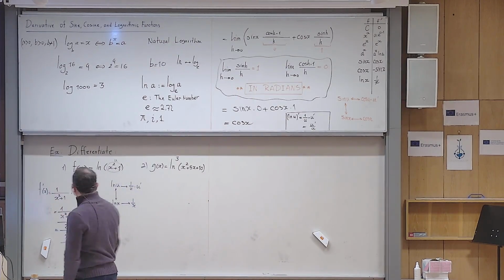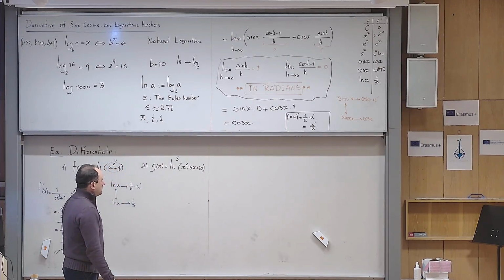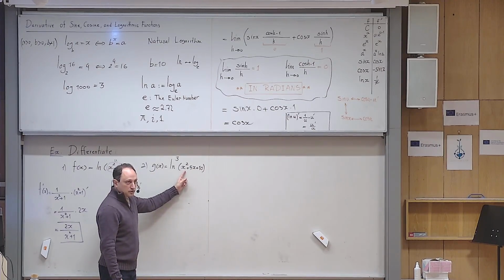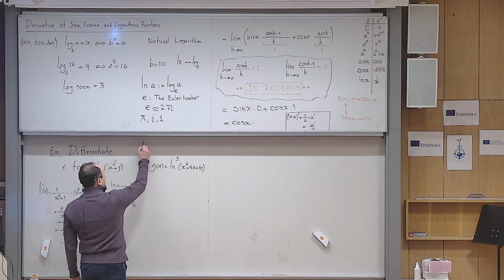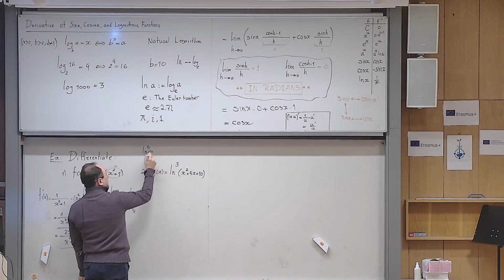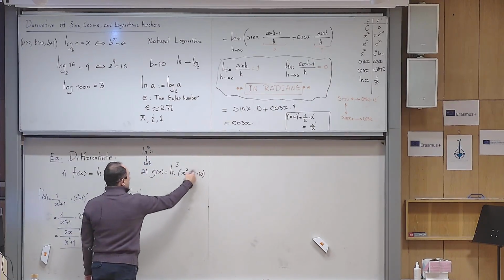Here, of course, you see the function is not directly in your table. So here you might think that I take this one to be u, but this is not a good idea, because if I take that one u, it will read ln to the power of 3 u, which is comparable to ln of x to power 3, but this is not in your table. So that is not a good option.